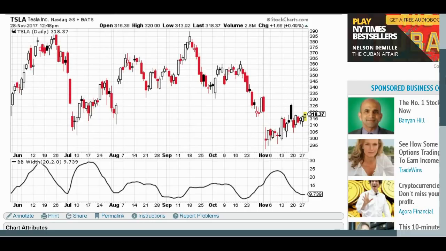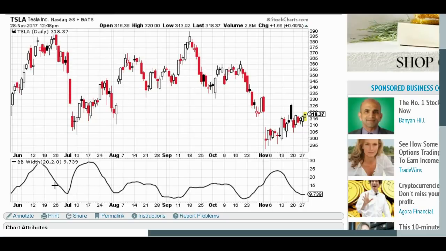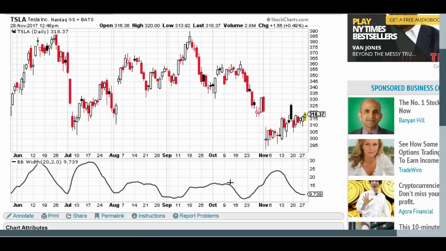And so again, taking the Bollinger Bands off temporarily doesn't mean you have to keep them off your chart all the time, but just take them off perhaps and look at the width as a separate indicator, and that way you're not putting your interpretation on how wide or narrow it is. You can just see it in that single line there, and so you can be more objective and less interpretive.